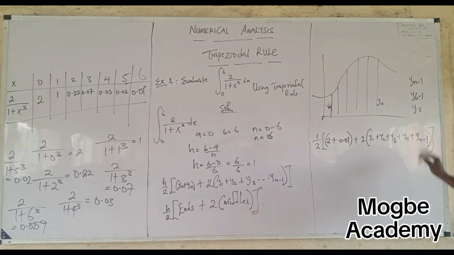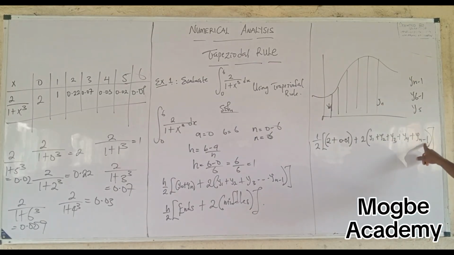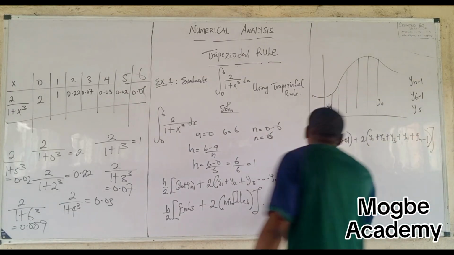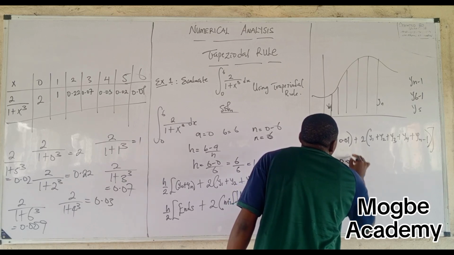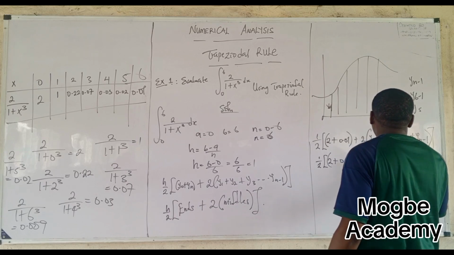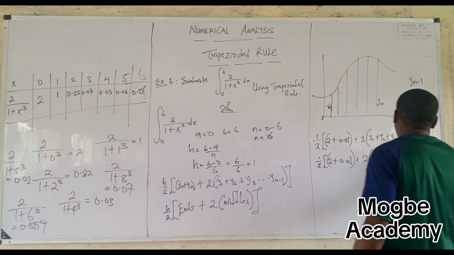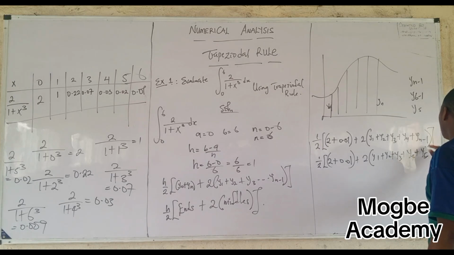Now in this case, our n was 6. So we have 6 minus 1, which is 5. So basically we have 1 over 2 brackets 2 plus 0.01 plus 2 into y1 plus y2 plus y3 plus y4 plus y5. Are we together?